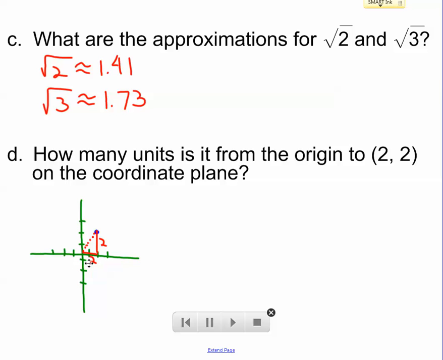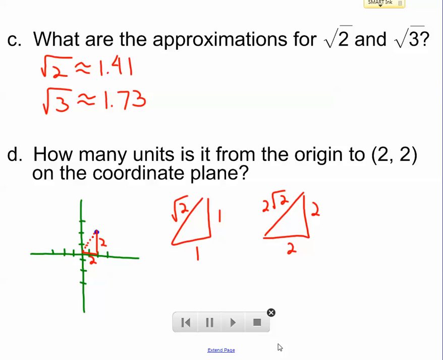So if I double the legs, then the hypotenuse should be double as well. So it should be not square root of 2, but 2 times the square root of 2. So there's a 45, 45, 90, 1, 1, square root of 2. So if I take this 2, 2, this would be 2 times the square root of 2.